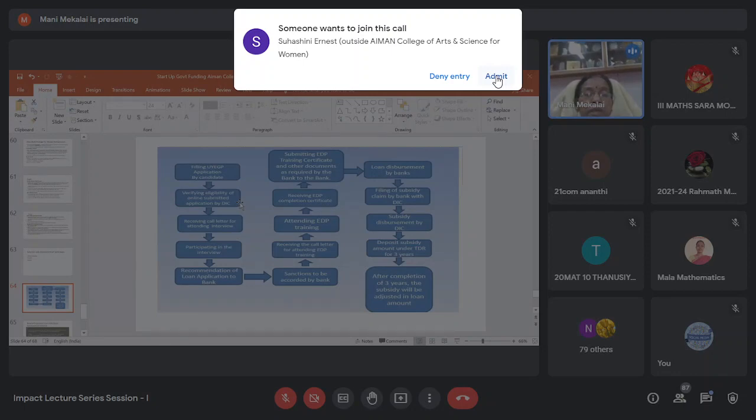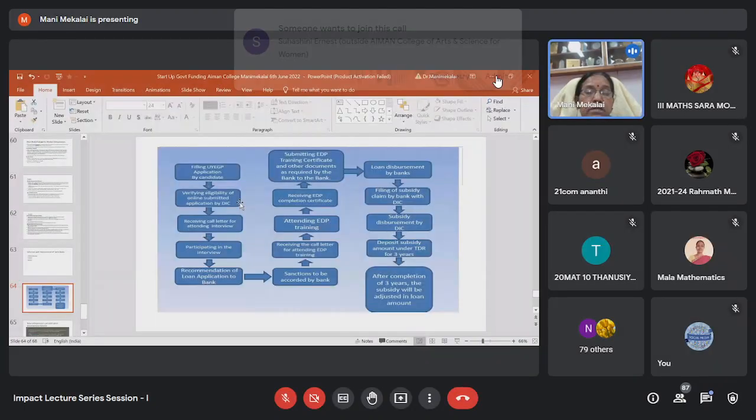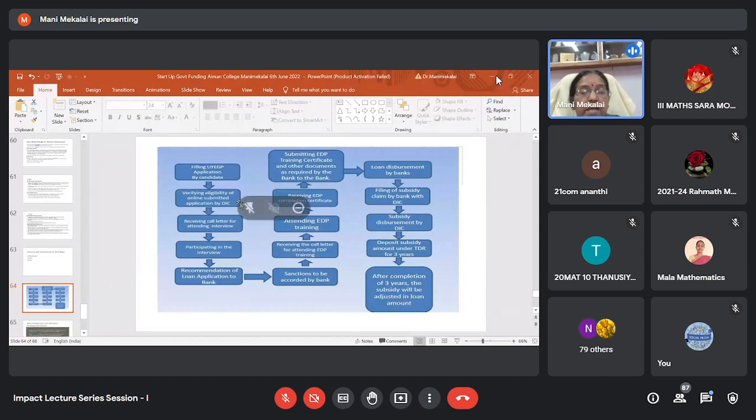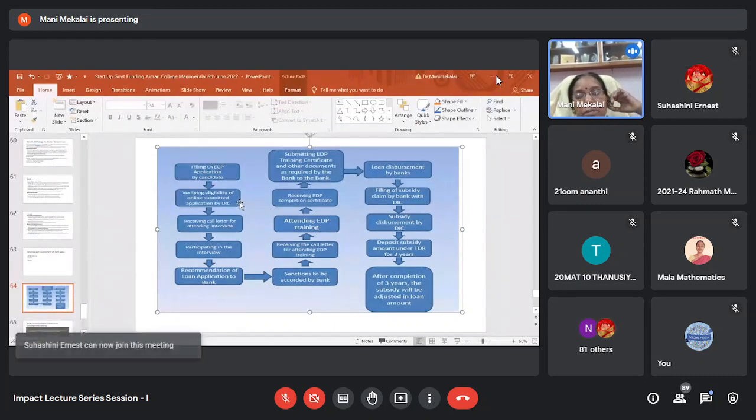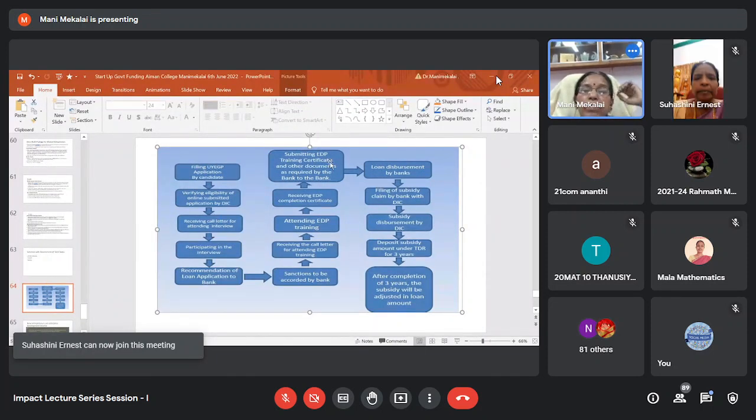Then you receive the call letter and participate in the interview. They conduct an interview to select, then recommend the loan applicants. Then they again call for the EDP, the Entrepreneurship Development Program.